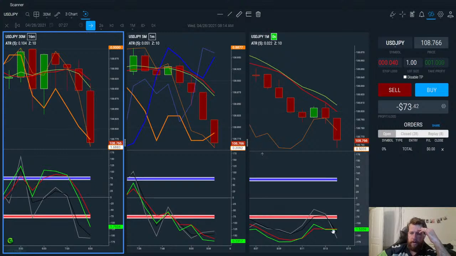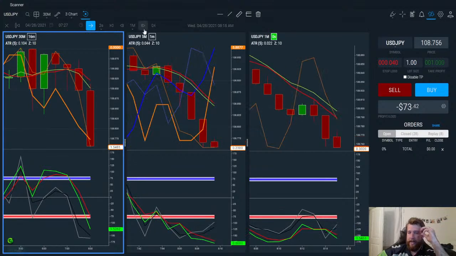I would hop in here if this were, because we're pointing down a little bit more. But basically what we're thinking at this point is we have room to go back up to pressure here. So we look for basically a bullish or bearish signal on the 1 minute here.